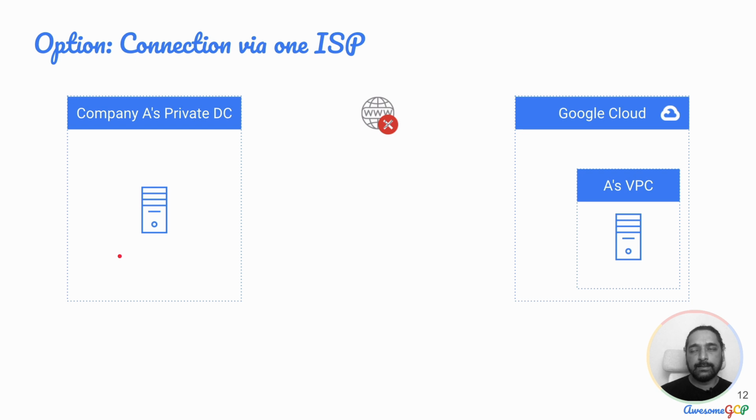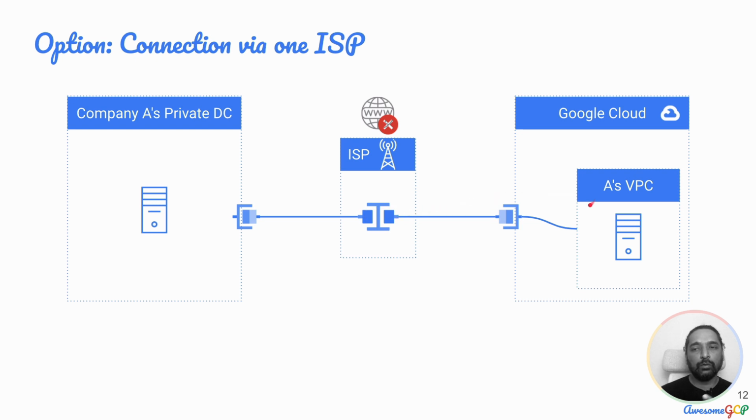The other option is, if you do not have proximity to a Google Cloud facility, the option would be to work with a Google partner, which would be an ISP, which has got its own connection to Google Cloud, and then you ride on top of that by making a connection between your private data center and the ISP, right? So you still are not traversing the public internet. Instead, you're going from the private data center to the ISP, and the ISP takes that with their own dedicated connection to Google Cloud, right?